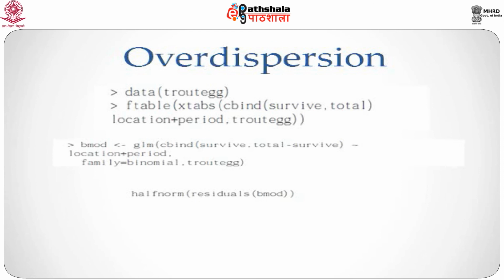So this gives you a scale parameter of 5.33 and suggests that the variance is not just the usual function given by n pi (1 minus pi), but this multiplied by a factor of 5.33. We should look at the phenomenon of overdispersion in more detail in subsequent modules.